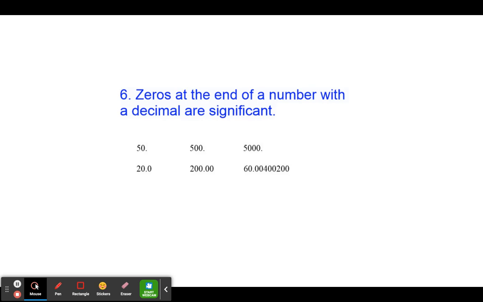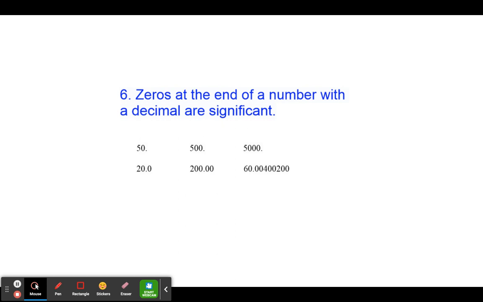Number 6. Zeros at the end of a number with a decimal are significant. So even if there's not 0.00 after it, if it's just 50 with a decimal point, how many are significant? 2. 500 with a decimal? 3. 5,000 with a decimal? 4. 20.0? 3, because it's still to the right of the decimal.